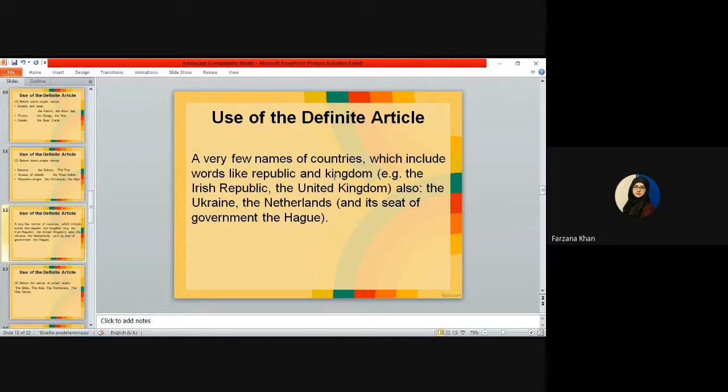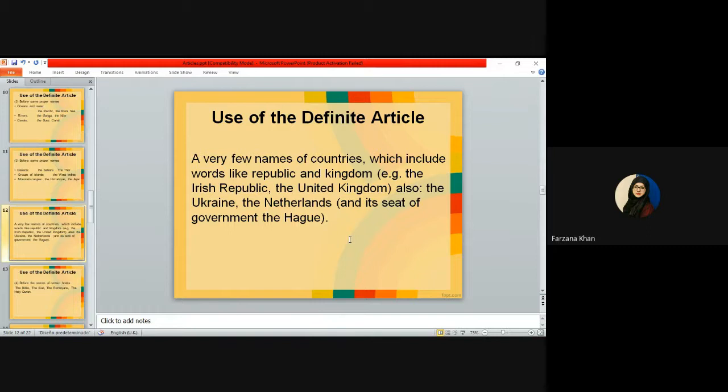So the names of the countries which include words like republic, kingdom, united and states, these are the four words which usually certain countries include. So those names basically become common nouns. When the name of a country includes common nouns, then you will add definite article to make the name complete and definite.